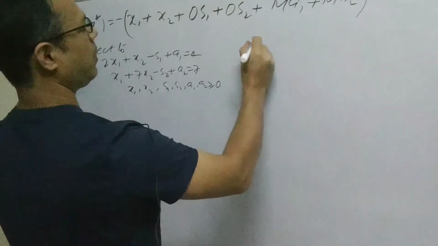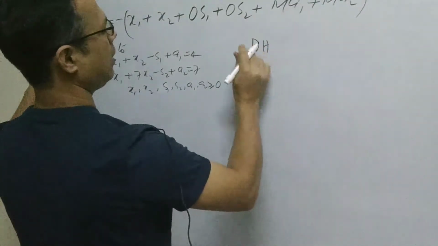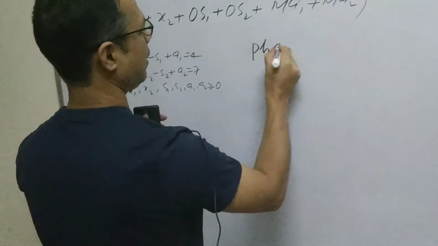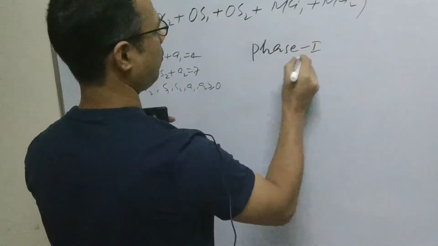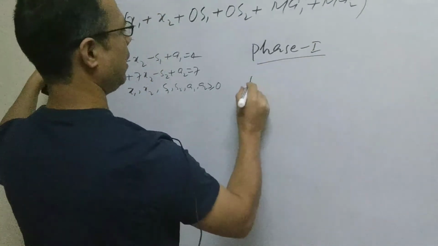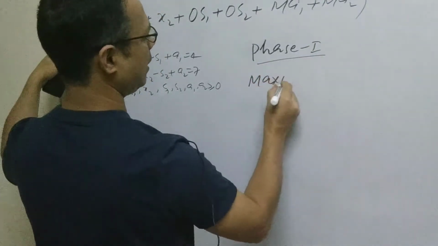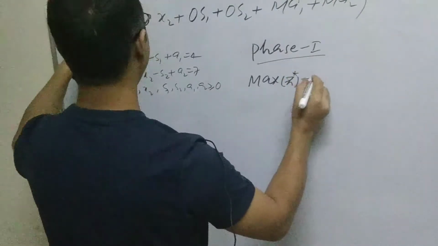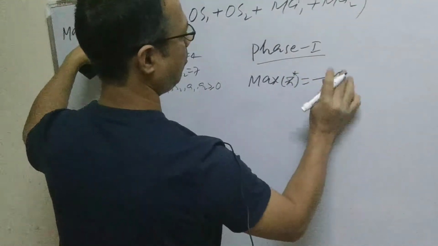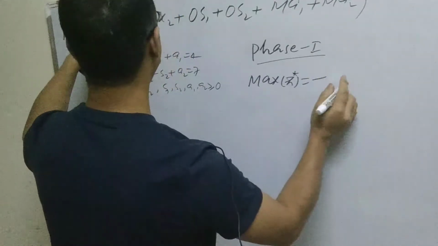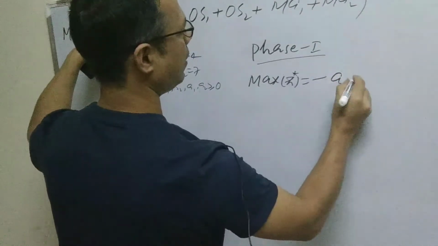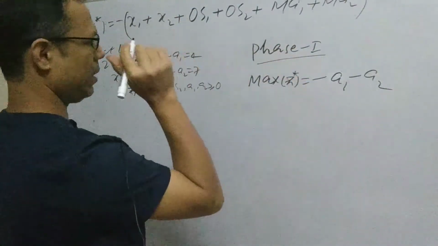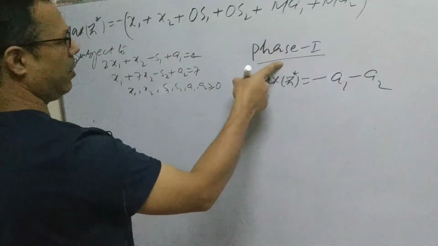Now applying phase 1. For phase 1, we consider this objective function: minus M, where M is considered as 1, so minus a1 minus a2. This is the objective function at phase 1.